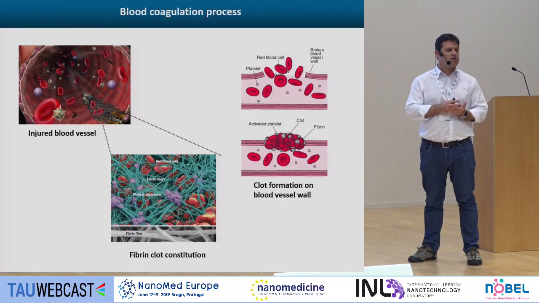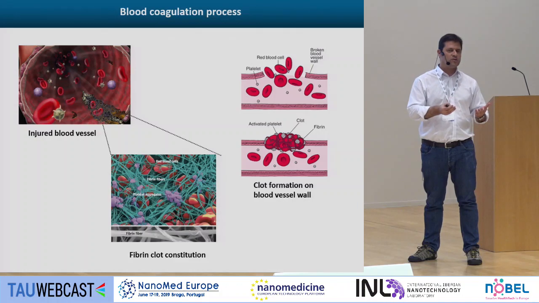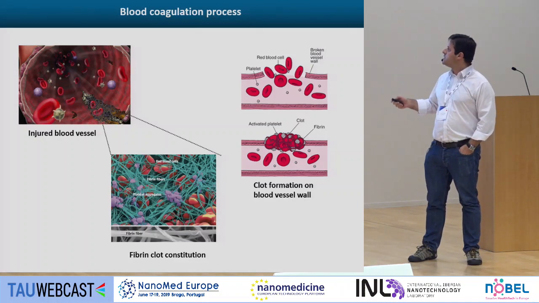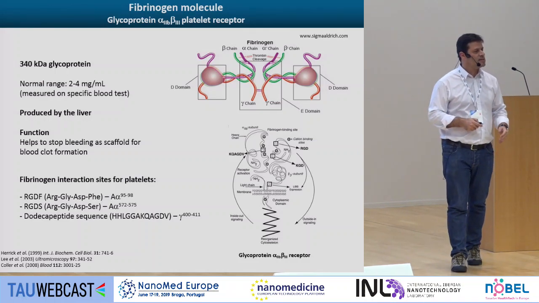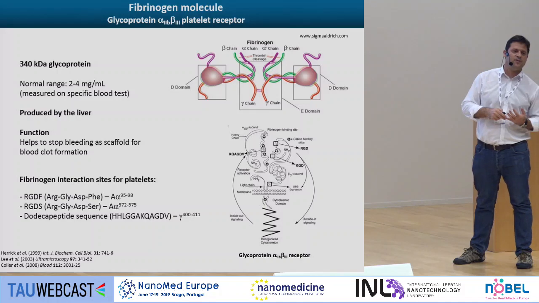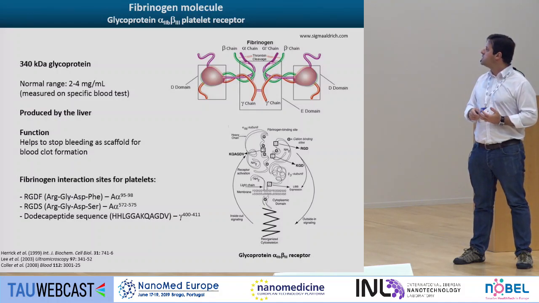So fibrinogen is the protein that when we have a cut, a wound, will polymerize, forming a fibrin network that will act as the scaffold for the formation of the blood clot in order for us not to bleed to death. And this process involves the binding of fibrinogen to its receptor in platelets, the alpha-2b beta-3 integrin, with its alpha and its beta subunit.